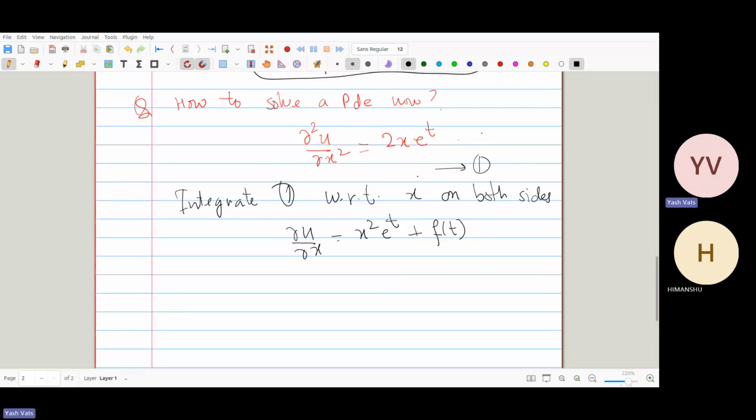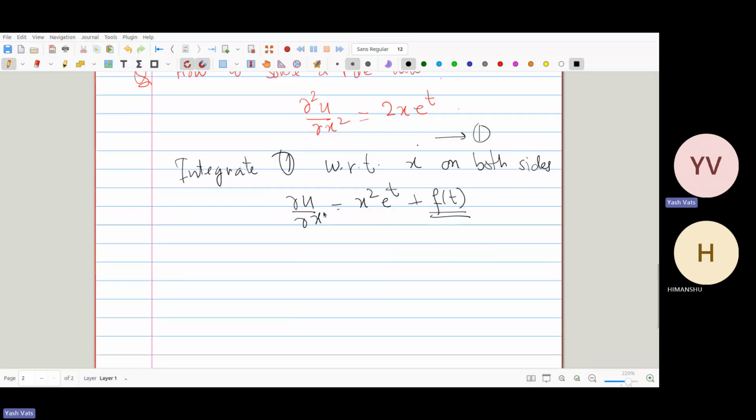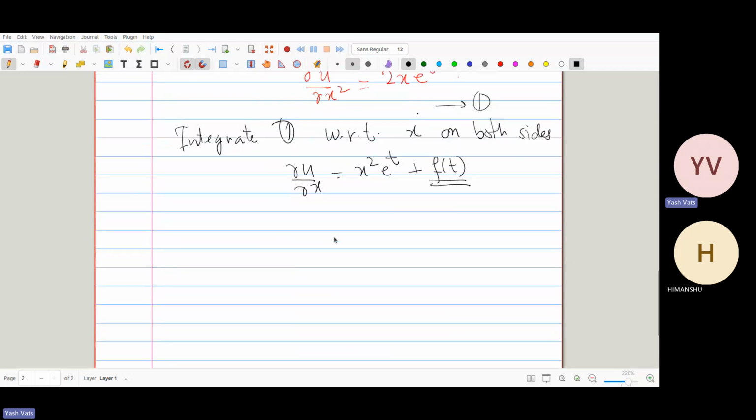So here you see the difference. The constant is a function of time because u is a function of x and t. The constant will be a function of time because it's partial differentiation with respect to x, so it has no dependency over t.